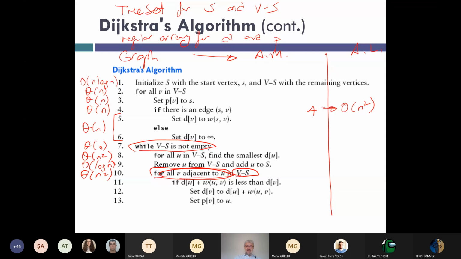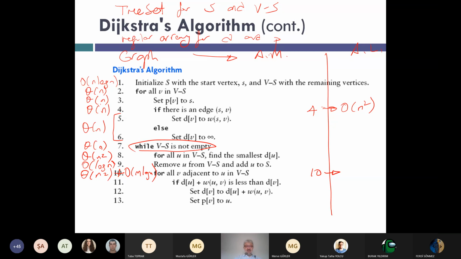So this operation, whether it is in V minus S or not, will take O(m log n) time, additional to n squared, right? This is for adjacency matrix, excuse me.